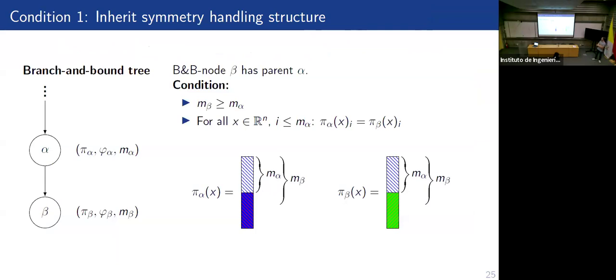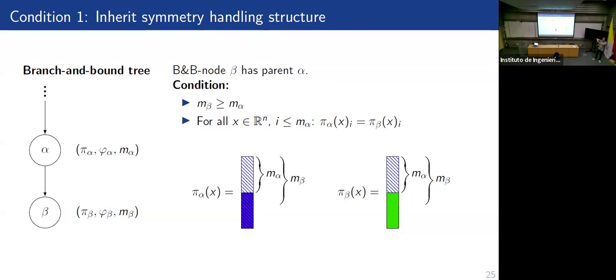So what is condition 1? We are at a branch and bound node, and the idea of condition 1 is that you inherit certain symmetry structure from your parent. So if at the branch and bound node alpha, pi alpha of x looks like this, then the first m alpha elements, the ones that we were looking at, must be the same set for the child beta.